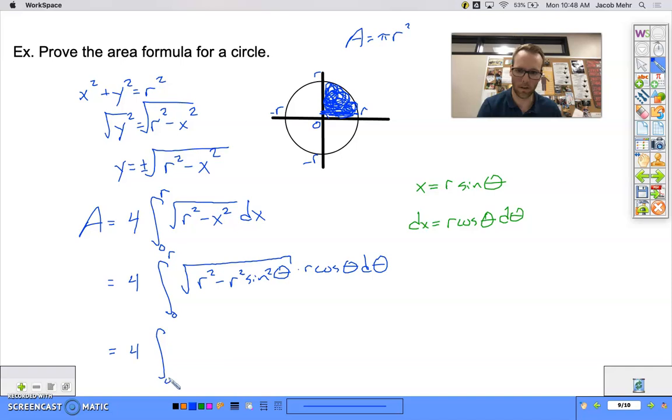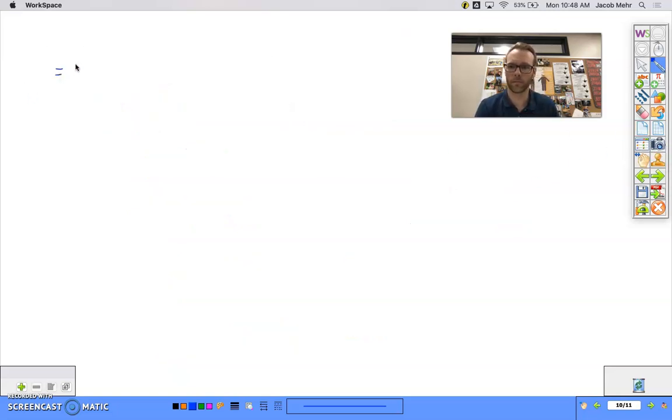All right. 4 times the definite integral from 0 to r. Take out your r squared. We have 1 minus sine squared. Now that 1 minus sine squared is going to become a cosine squared. Okay, let me just double check.